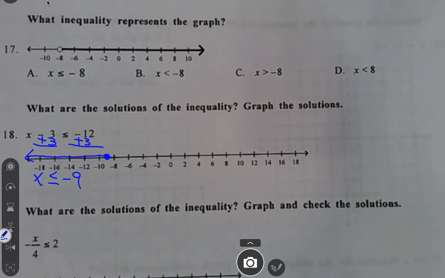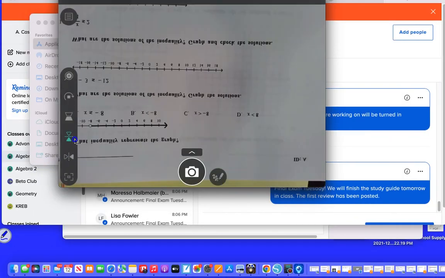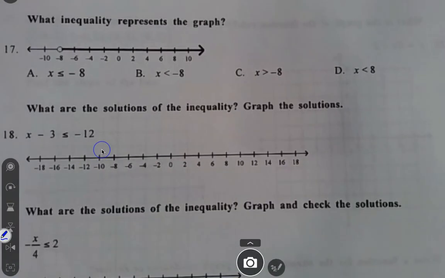Well, you can see that this side is smaller, so x is less than. If it was on the other side like this, that would be x is greater than, because see how it's on the wider part? Does that make sense? That's just going to be straight memorization.